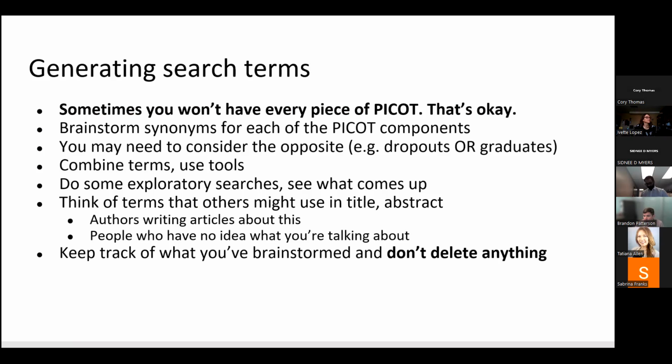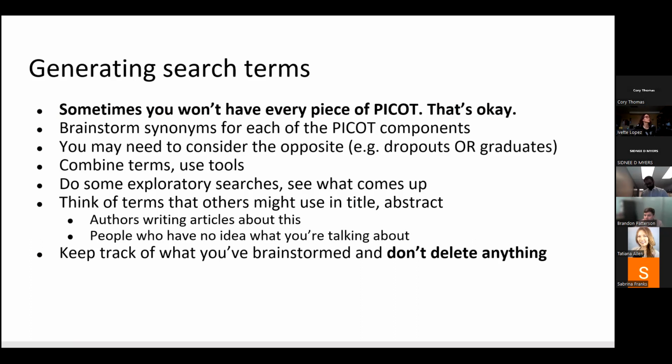We might consider opposites. So what are other words in terms of graduating students? We could consider dropouts, for instance, so we capture the negative or the opposite of a graduate. We can also combine terms. We can do some exploratory searches and see what comes. You really can't break anything with this.